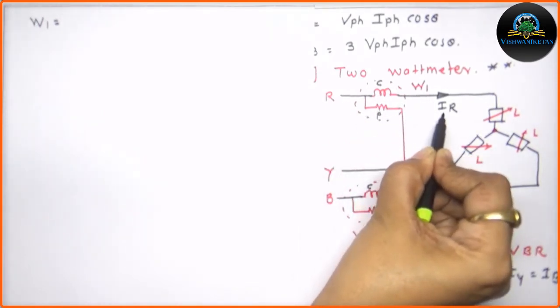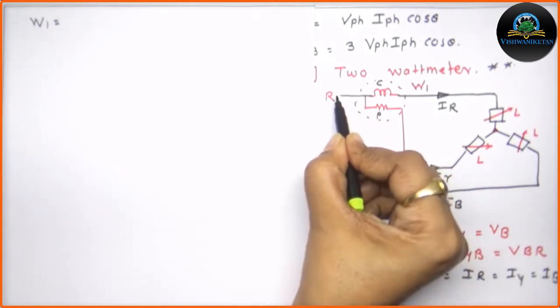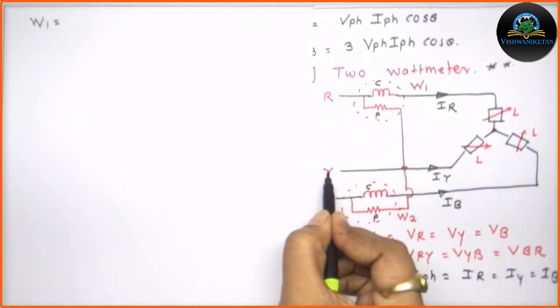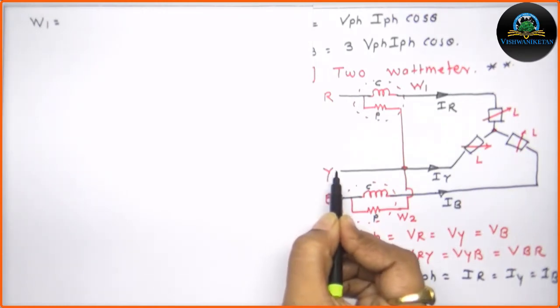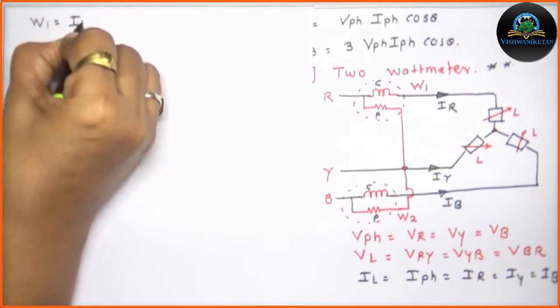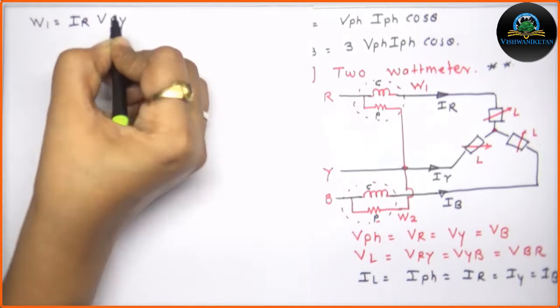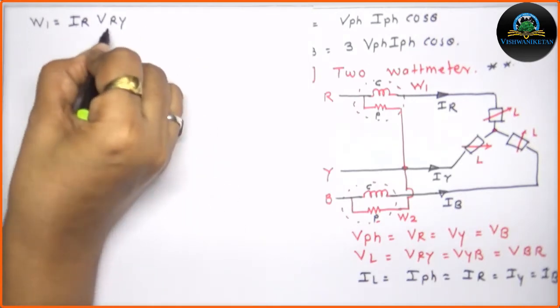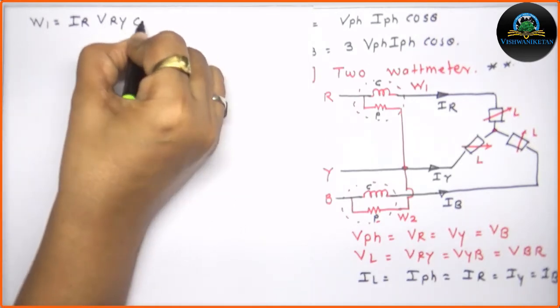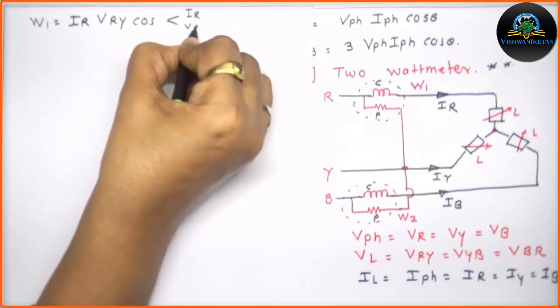So it is going to measure IR, and this pressure coil is connected between R and Y. So it is going to measure the voltage between R and Y. So I can write the current, which is IR, the voltage is VRY, and the angle between IR and VRY. So cos of the angle between IR and VRY.